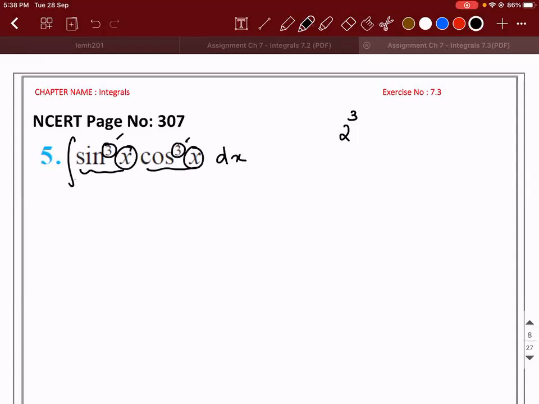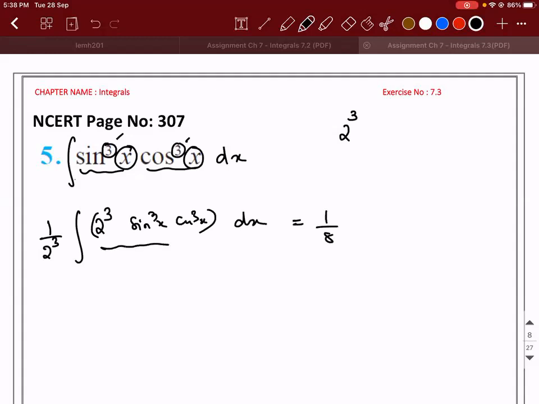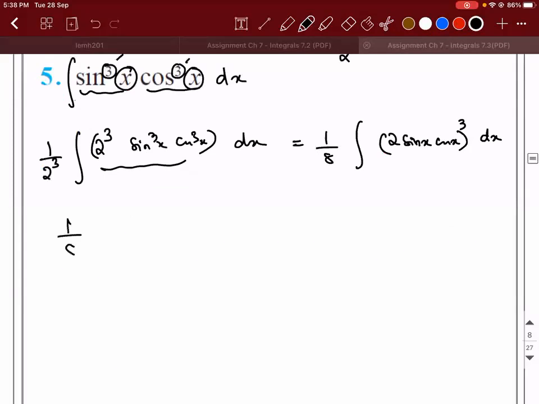So by doing that, what you will get is 2 cube divided by 2 cube into sine cube x into cos cube x times dx, is 1 by 8 into 2 cube. I can write it as 2 sine x into cos x, the whole cube times dx. So 1 by 8 into integral of sine 2x, the whole cube times dx.